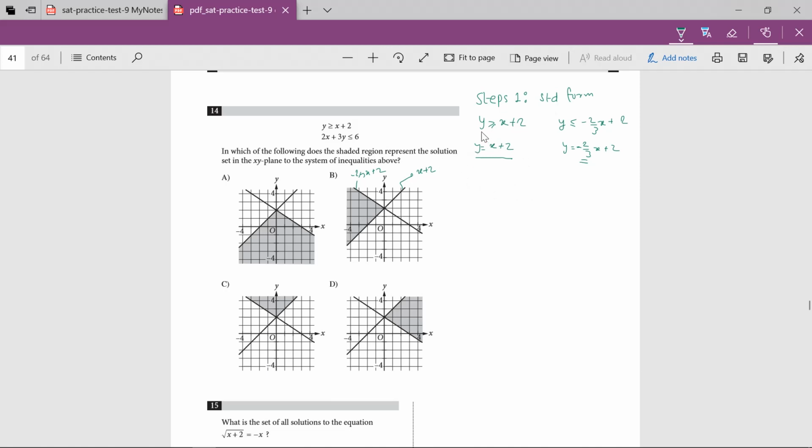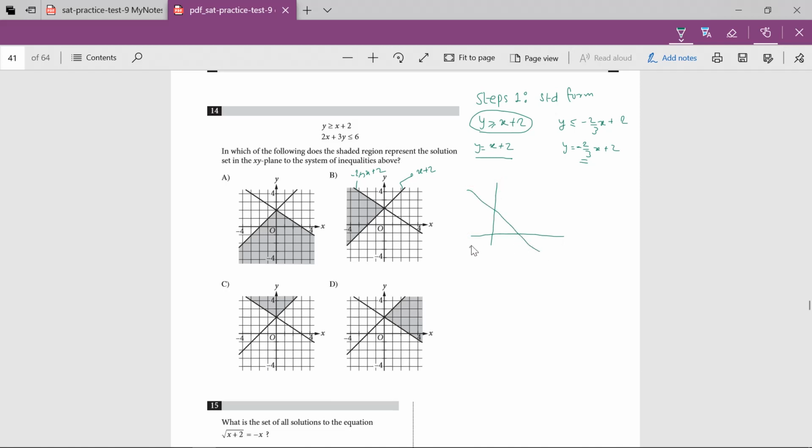Now if I look at this one, it says y is greater than x plus 2. So this is the line, and I have to find out the region where y is greater. Whenever there is a greater than sign, I have to shade the upper portion. If I just draw it once, these are the lines.